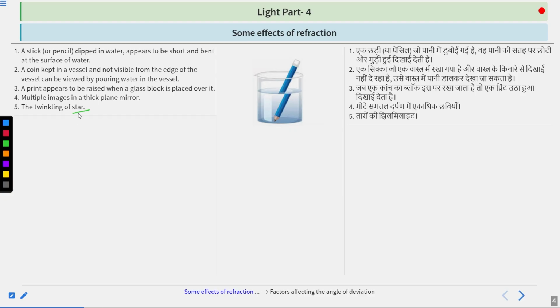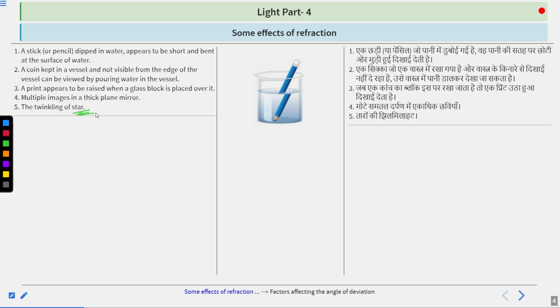The twinkling of stars, this is the phenomenon that we have often seen in our childhoods. Most of you, even some of you today, look at the sky during the nights and you will find that the stars are twinkling, right? They are blinking. Why? Because of the refraction. The light of the star before reaching you is passing through many mediums.